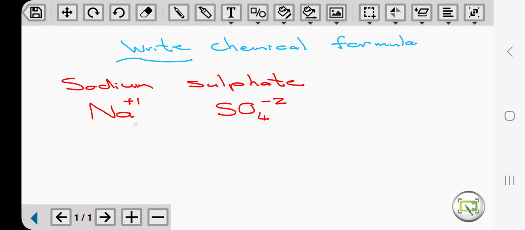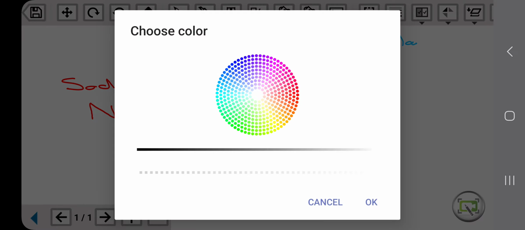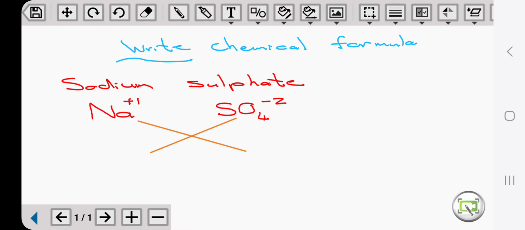Right. We look at these two separate ions, the one which is a positive ion and the one which is a negative ion.